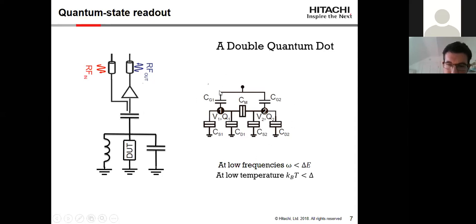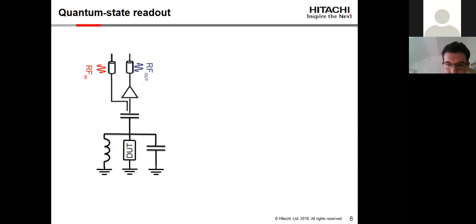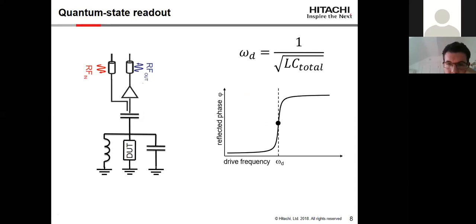This is a schematic representation of two quantum dots that are capacitively coupled together and probed by a single input here on the top. And we know very well that at low frequencies and low temperatures, this is nothing but a variable capacitor. So we can study this in a circuit description quite nicely.